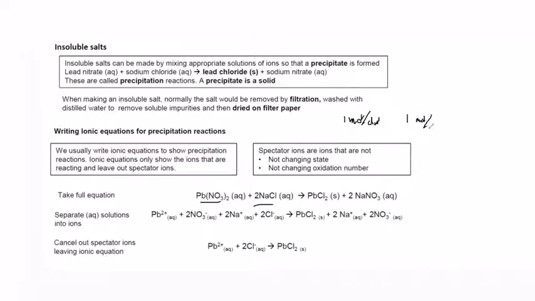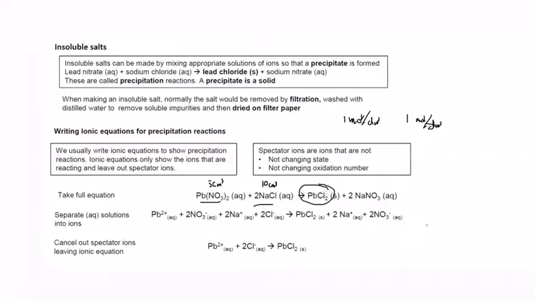So when the two salt solutions have equal concentrations, the ratio of the moles is the same as the ratio of the volumes required for a complete reaction. If I take 5 cm cube of lead nitrate, according to the balanced equation, the amount of sodium chloride should be twice. So if 5 cm cube of lead nitrate is there, then 10 cm cube of sodium chloride is needed. When we mix these two solutions, suddenly a solid is formed.